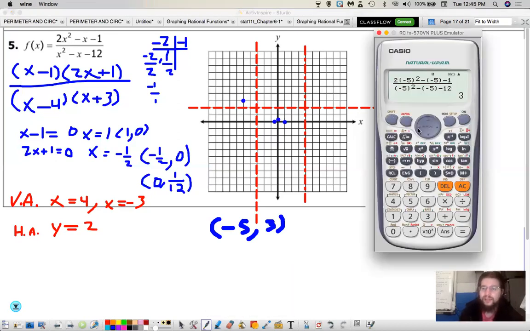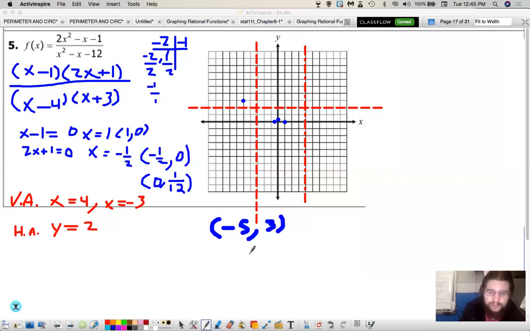Because that way I can just go in here and change all these negatives to positives, and I don't have to type anything. See, I just hit the left arrow key there so I could get my previous problem back. Changing all those negatives, just deleting them really, and I get 11/2 or 5.5. So I plug in 5, I get 5.5.